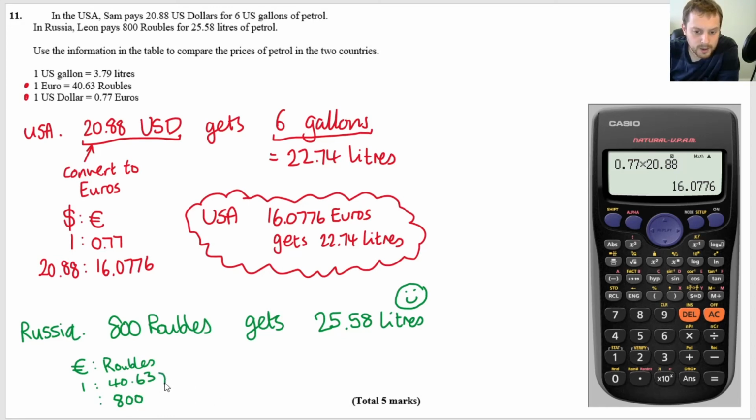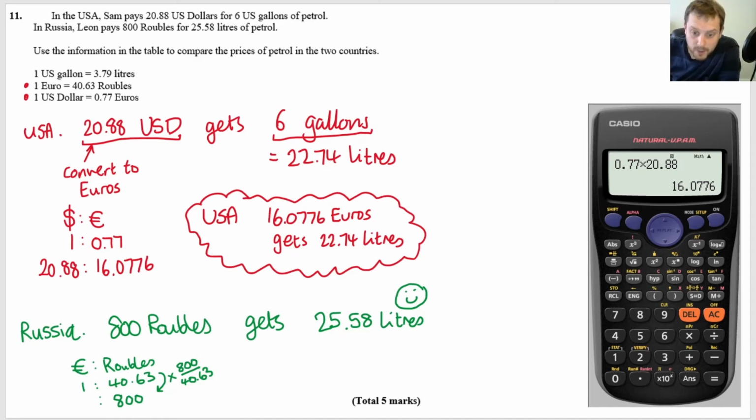So what I need to do is multiply by 800 over 40.63. You could also think of it as I need to do 800 divided by 40.63. This would tell you what the multiplier was, and that would tell you what 1 euro is.